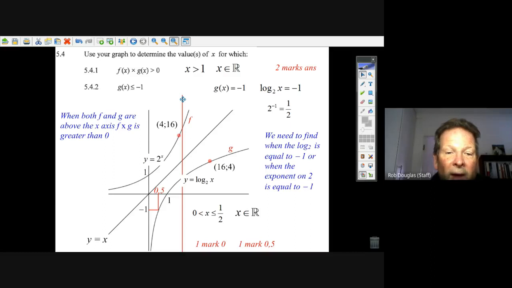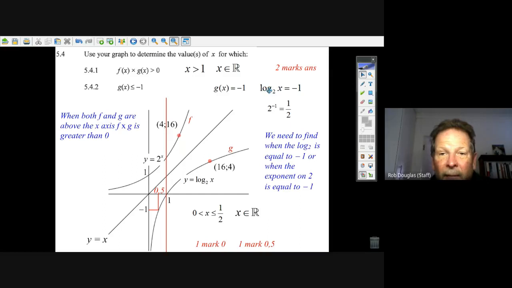When is g of x equal to a negative number? Okay, well, let's just take a look at that. First thing we would be nice to figure out is when is g of x equal to negative 1?